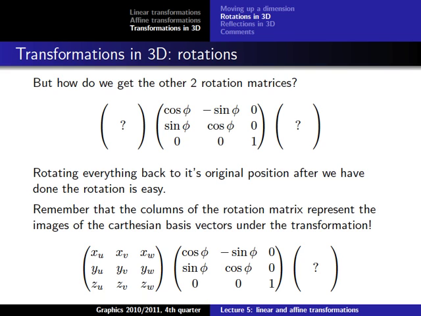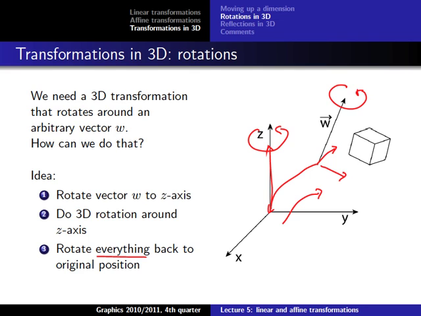Turns out that matrix is pretty simple, because if you think about what you get, or remember, what do the column vectors of this rotation mean? This is a rotation, it's just a linear transformation. So the column vectors are the images of the base vectors after the transformation.